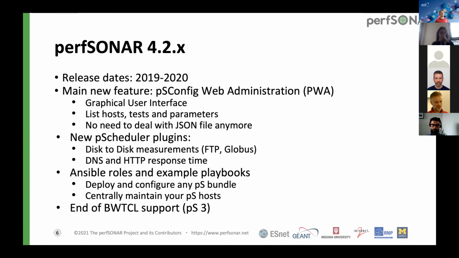So having a look at one of, not the latest version, but the one before that: the 4.2 release that was released initially in 2019, and then some updates in 2020. The main new feature that I want to mention here is what we call the PWA, the psconfig web administration, which is a new graphical user interface that helps you manage your perfSONAR deployment and the set of measurements that happens between them.